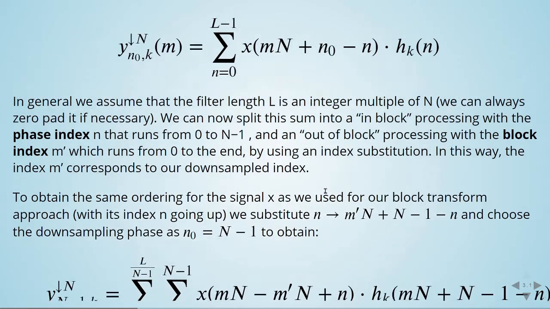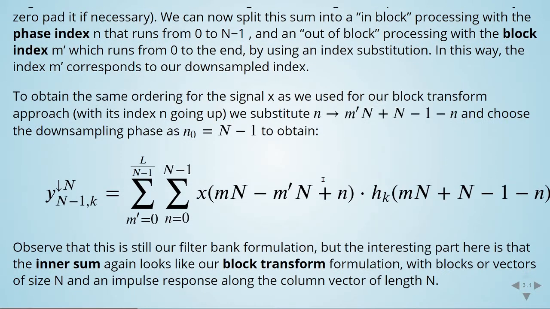Then we have a double sum with m prime replacing n, and we observe that this is still our filter bank formulation. The interesting part is that the inner sum again looks like our block transform formulation with blocks or vectors of size N and an impulse response along the column vector of length capital N.